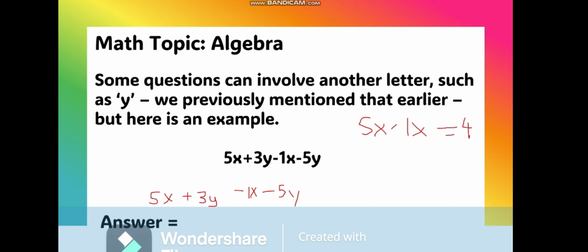That would equal 4x. Then we have positive 3y, or just 3y, minus 5y. So 3 subtracted by 5 would be negative 2. So we'll write negative 2y. So that means we got 4x minus 2y for our answer.